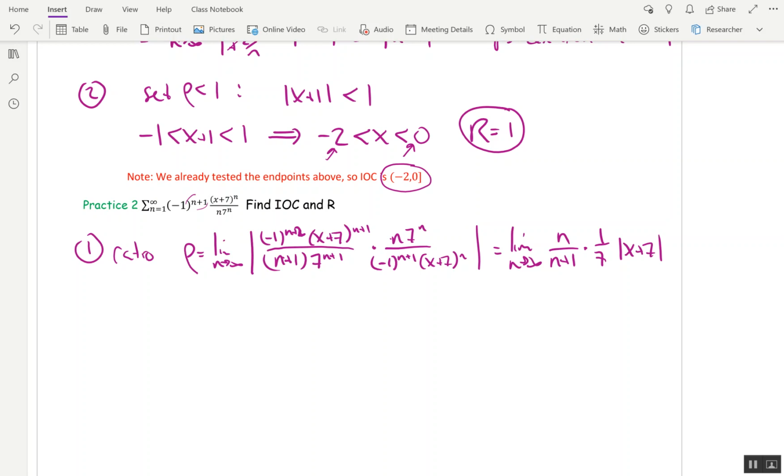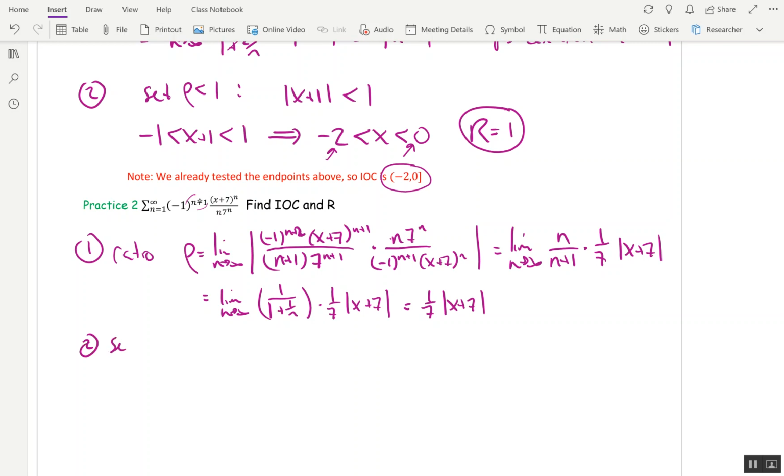That's infinity over infinity, so I divide top and bottom by n. 1 over 1 plus 1 over n. That'll all go to 1. So when we take the limit, the only thing that's going to live is 1/7 absolute value of x plus 7.